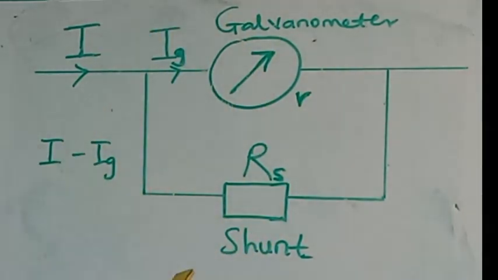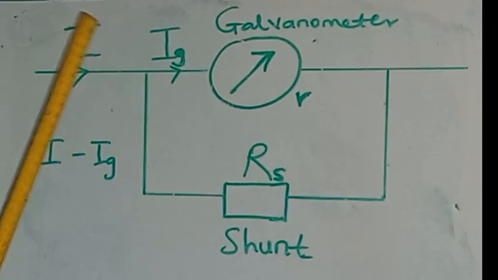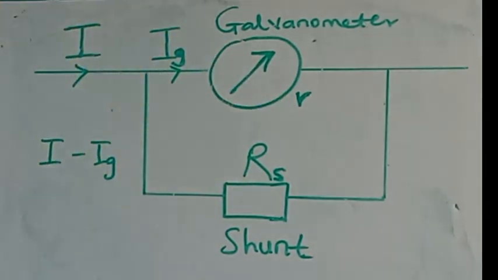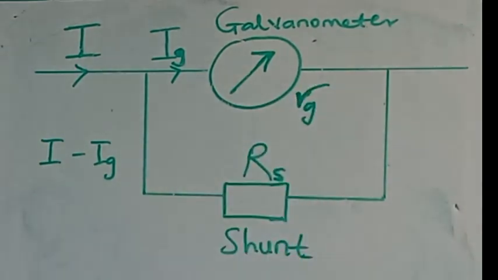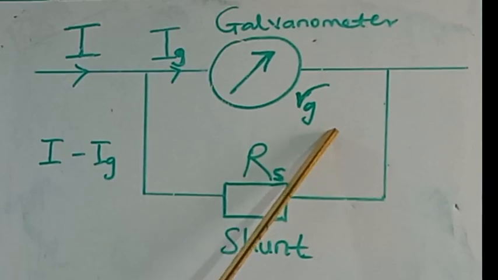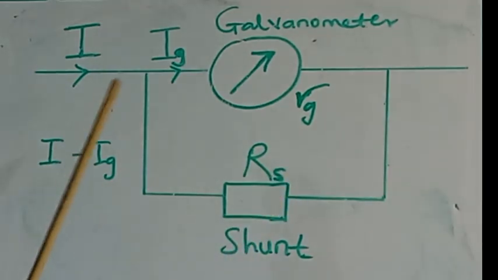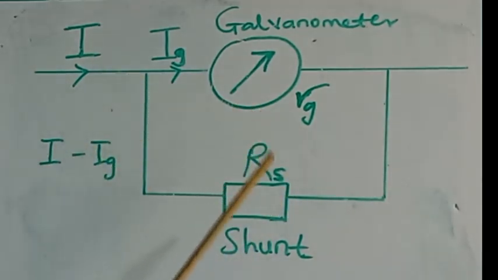Now, the question can come like this: for you to find the resistance of the shunt or the resistance of the galvanometer, let me use Rg as the resistance of the galvanometer and Rs as the resistance of the shunt.